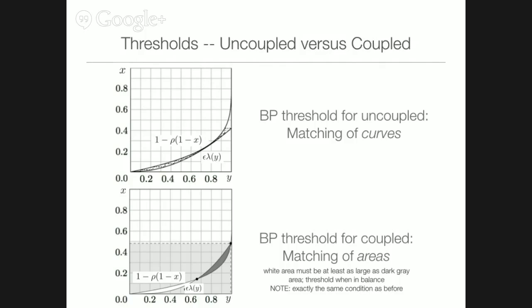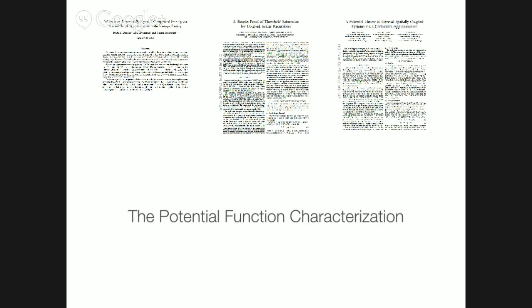If you ever used EXIT charts, you have a system, and if you now just want to spatially couple it, it's a one-dimensional system. Instead of determining the threshold like this, determine the threshold like this, and that's the threshold of the spatially coupled system. You can clearly see that it's larger because you can move it up higher. So that's a nice characterization if you're really familiar with EXIT charts.